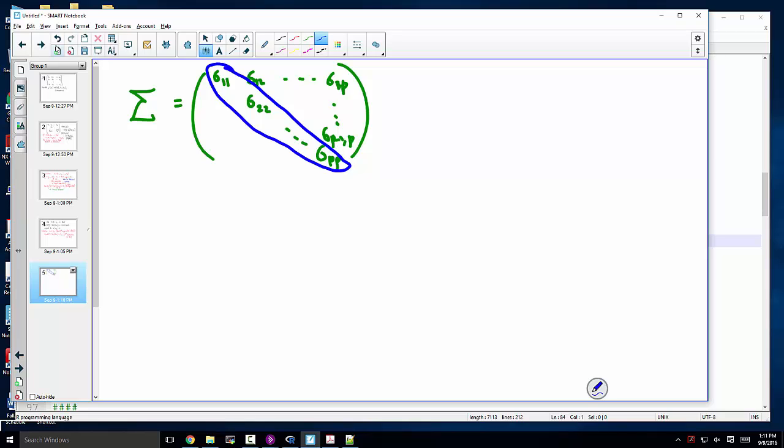That would be the total of the individual variances. Think of that like the total variability in your data. That's the total variation. And it turns out that the sum from j equal 1 to p of sigma jj is equal to the sum from j equal 1 to p of the eigenvalues.